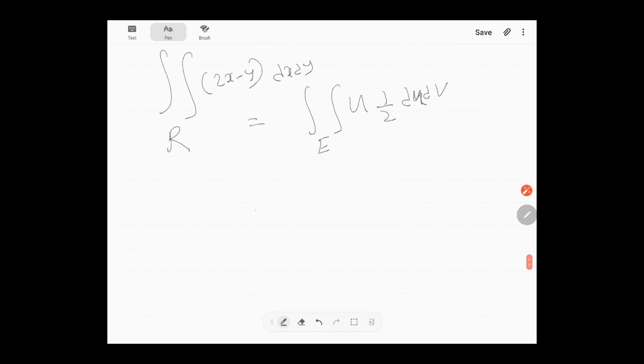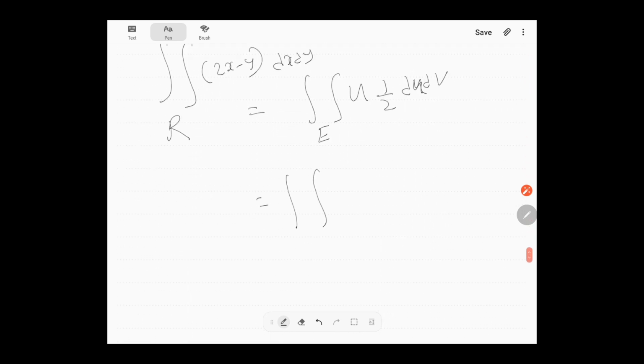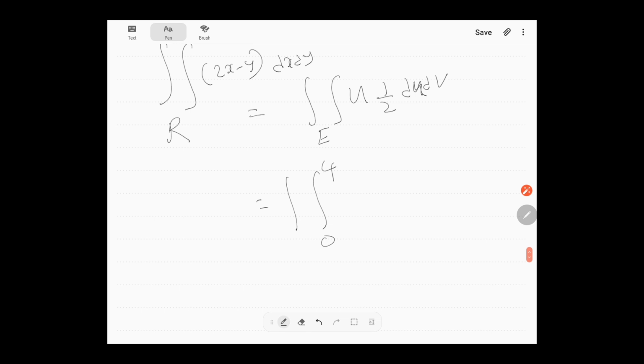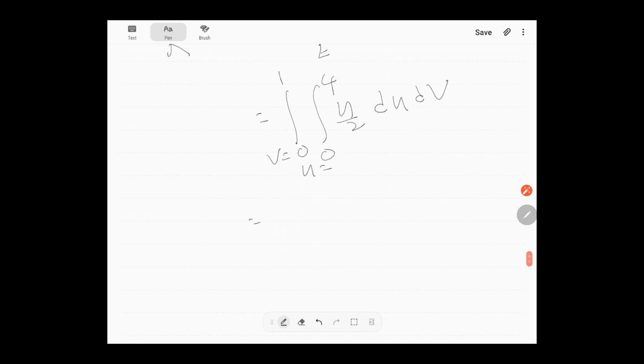Now in this region E, how do we take the limits? Very easy, because it is a rectangle: u is from 0 to 4, and v is from 0 to 1, with u by 2 du dv. The 1 by 2 is anyway a constant. The integral of u is u square by 2.